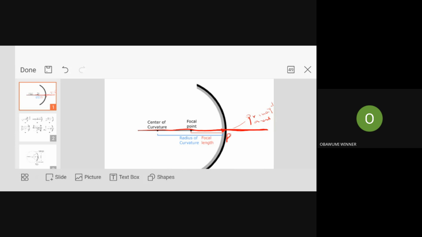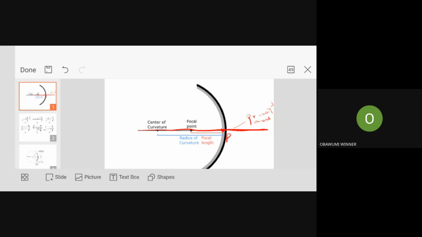So every convergence that is made on a concave mirror must be on the focal point. Another name for a concave mirror is a converging mirror. So don't forget that.